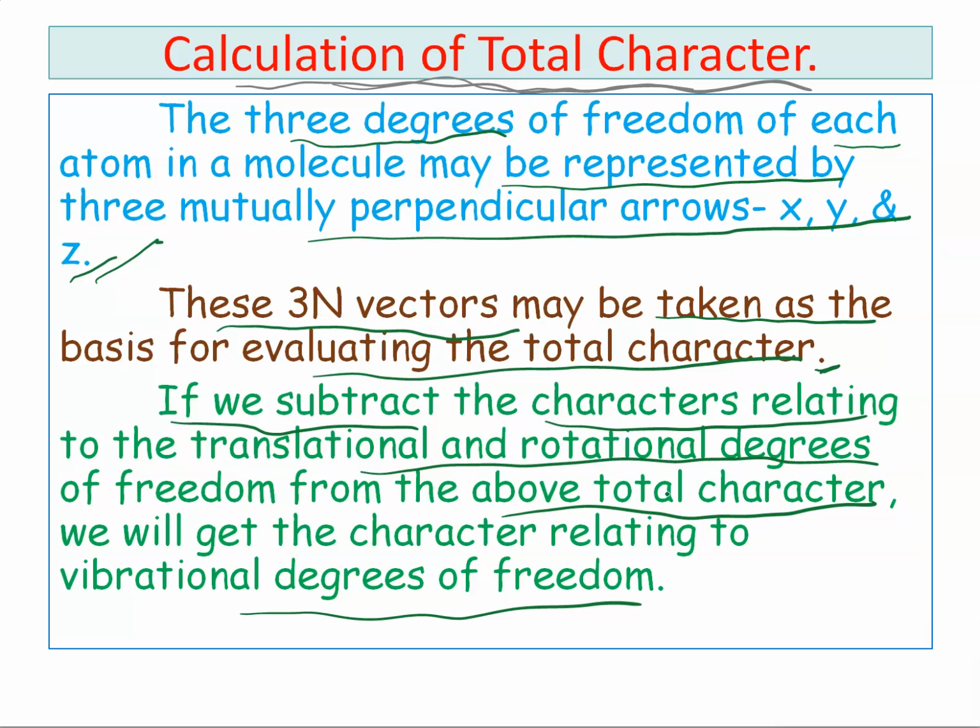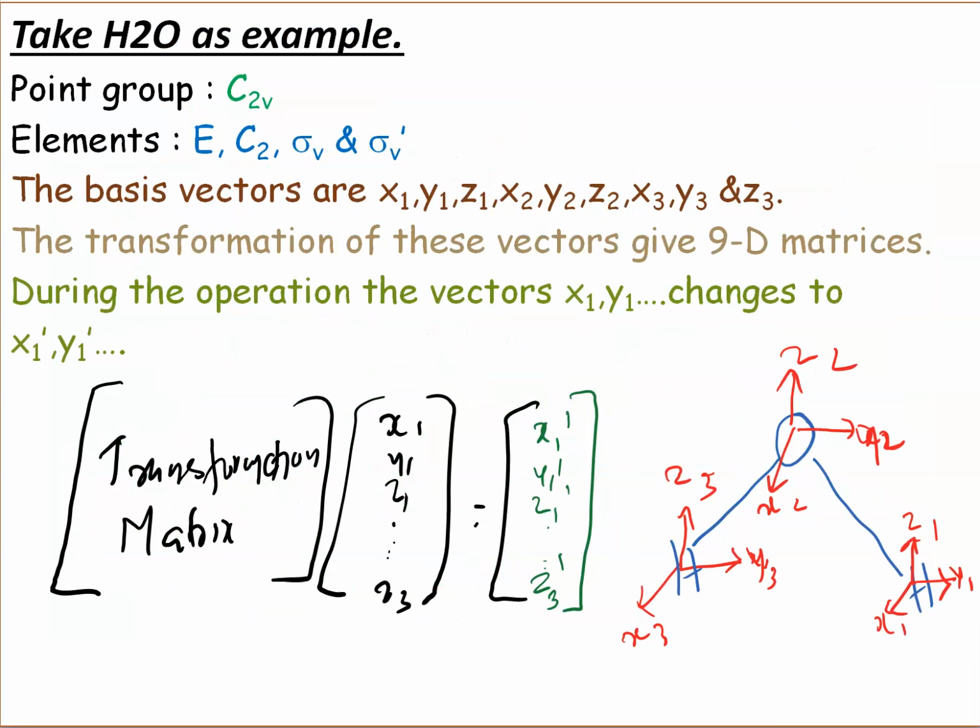Then we will get the vibrational degrees of freedom. And for this we take a simple molecule, water, as the example. The point group of water is very simple, C2v.